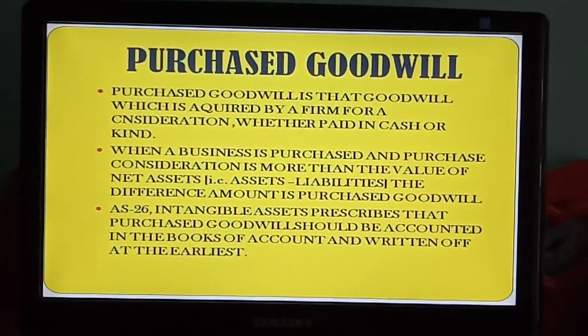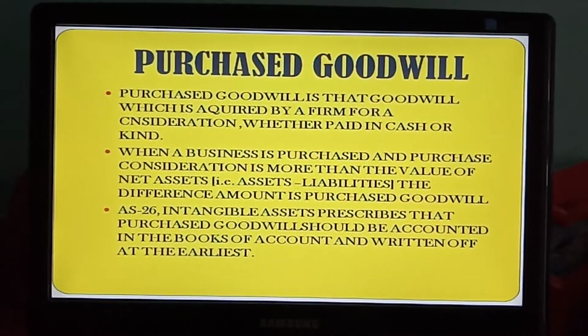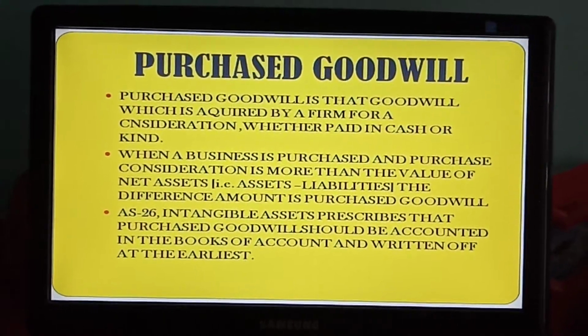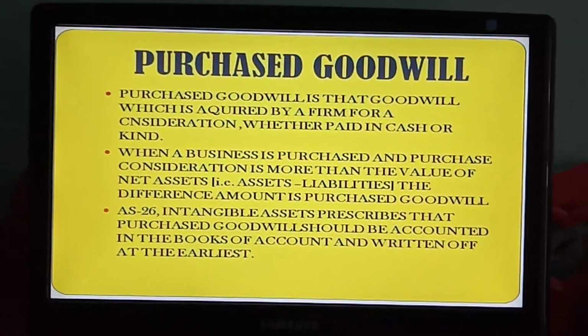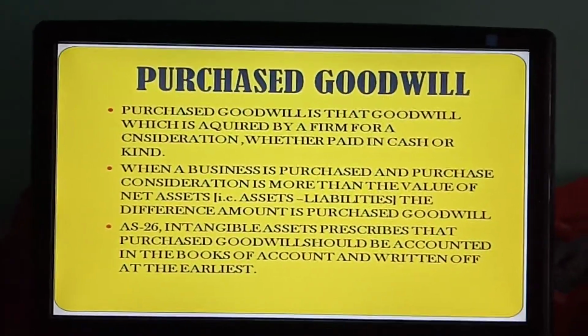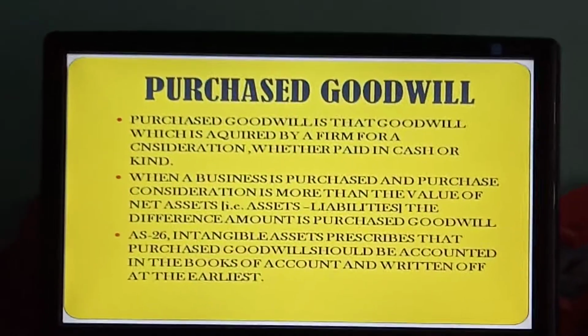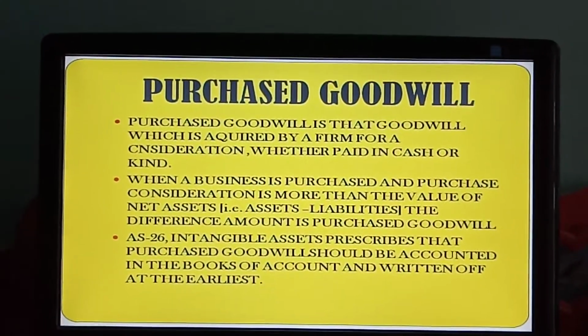Dear students, now let us jot down the main features of purchase goodwill. The very first feature of purchase goodwill is that it arises on the purchase of a business. Whenever any business is purchased, at that time only this purchase goodwill appears.